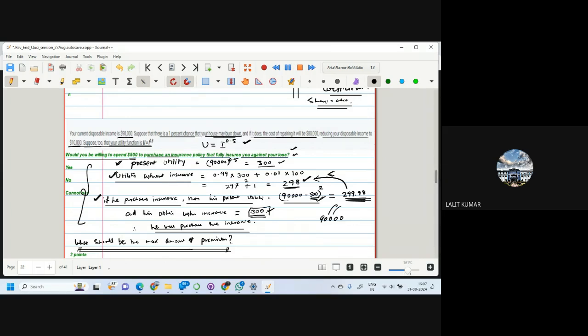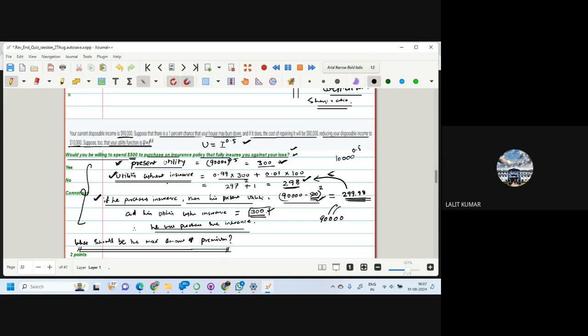So I followed the concept that his present utility is 90,000 to the power 0.5, which becomes 300. Utility without insurance: there is a 99% chance that the utility will remain the same, 300, and a 1% chance that his utility will decrease to 10,000 to the power 0.5.